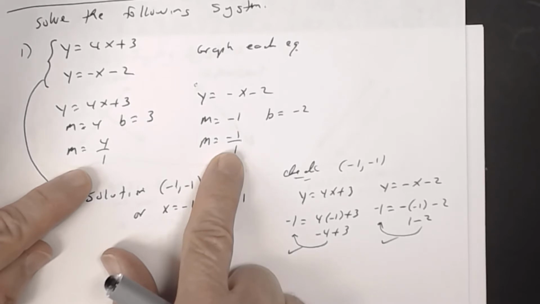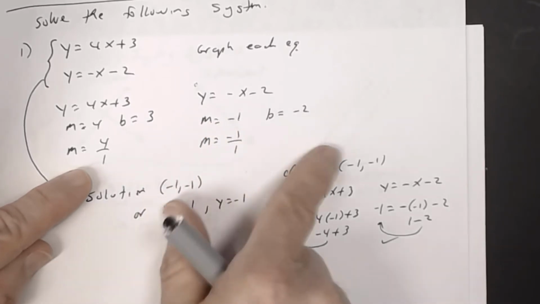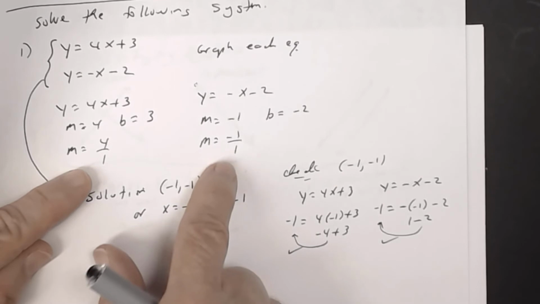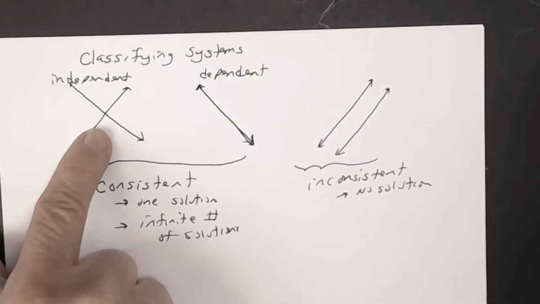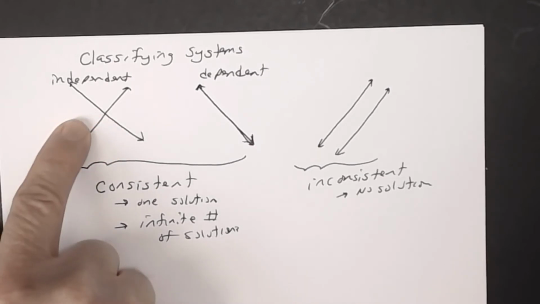And it doesn't matter about the y-intercept. The y-intercept turned out to be different, but basically the slopes are different, right? So those were two separate equations. That was this kind of situation.